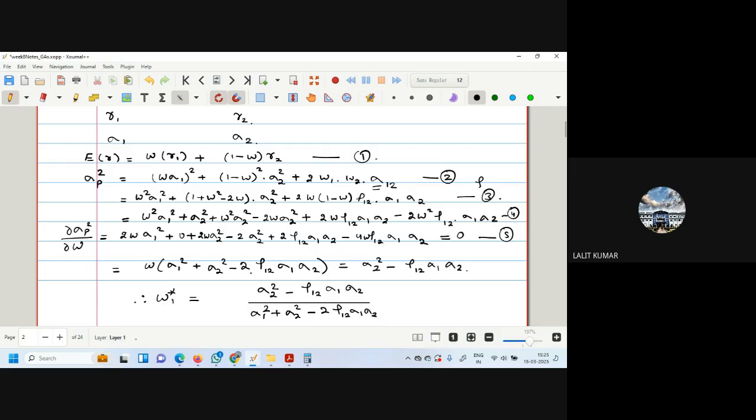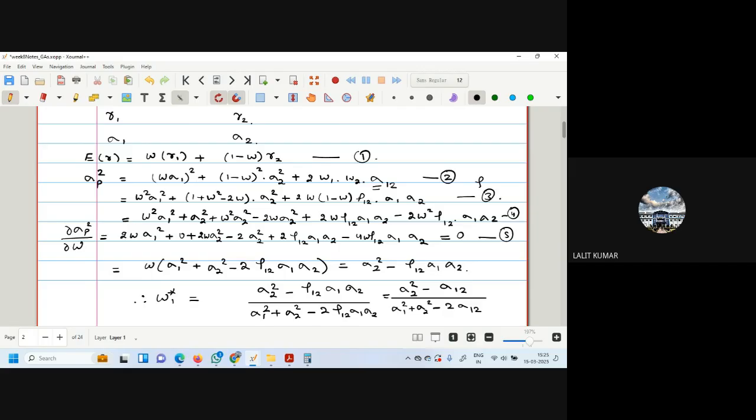And just to remember this formula, we can write it as sigma 2 squared minus the covariance of 1 2, divided by sigma 1 squared plus sigma 2 squared minus 2 into sigma 1 2. Is this okay? In case you forget the formula also, we can calculate this directly by putting the values.